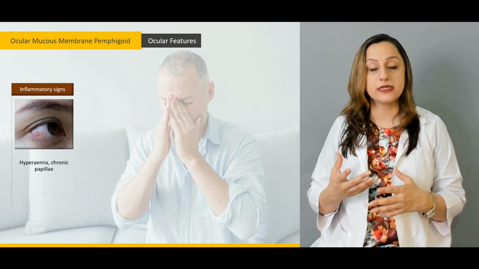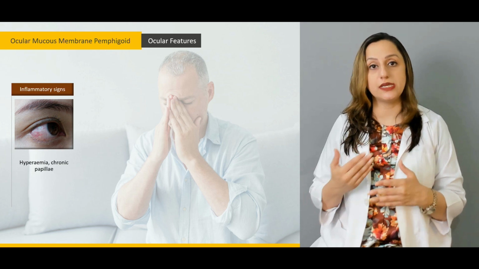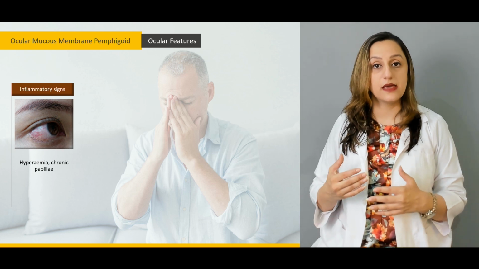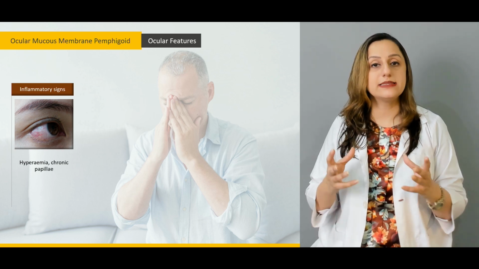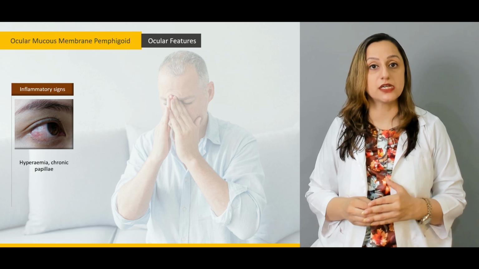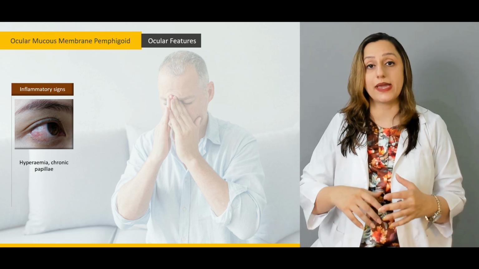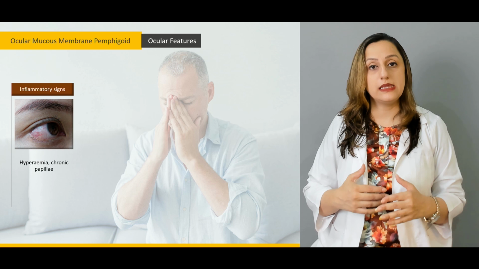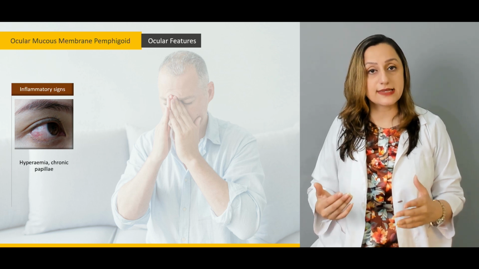That would be quite evident when we evert the eyelid. We see papillae that are quite easily seen on the bulbar part of the conjunctiva, and that is why it can be confused with bacterial conjunctivitis as well.